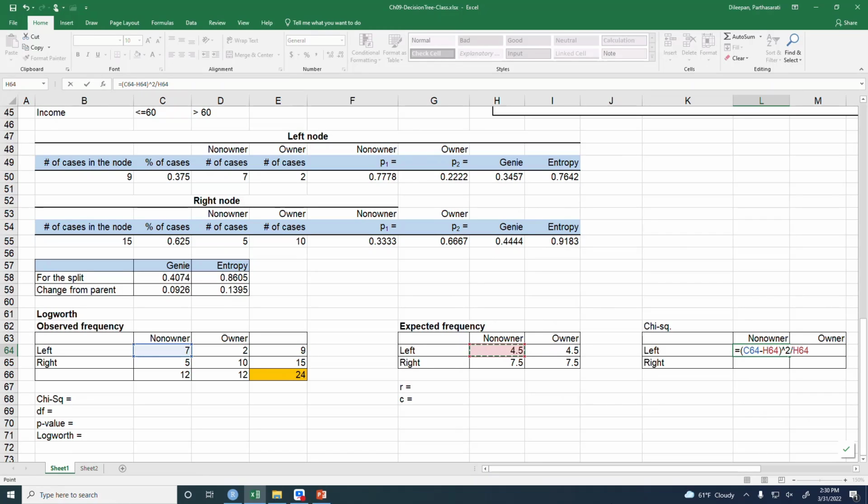You need to do this for all the cells, and the total of that will give you our chi-squared. So our chi-squared is the sum of that.